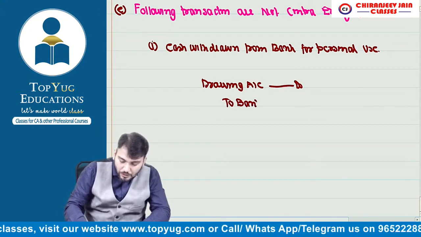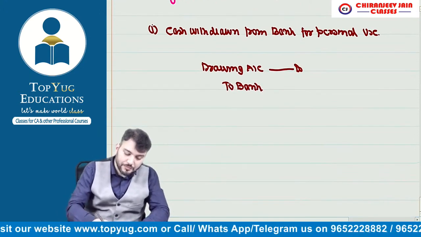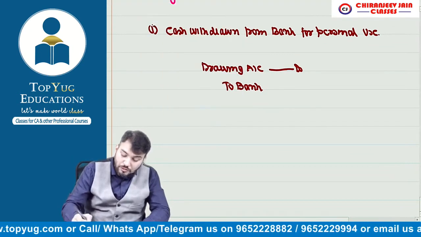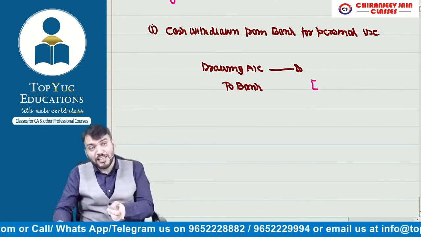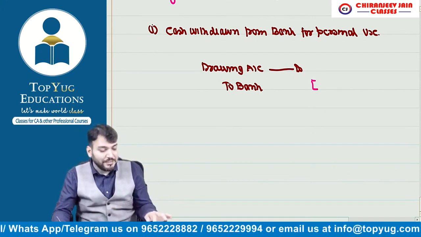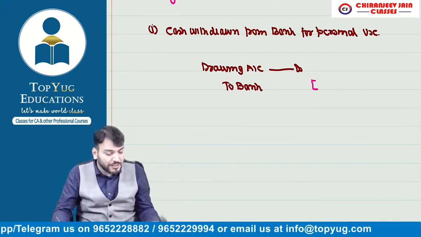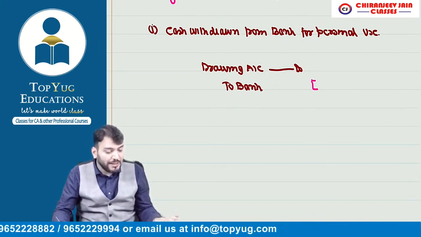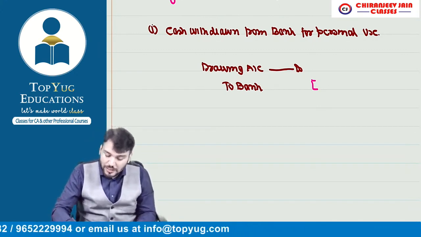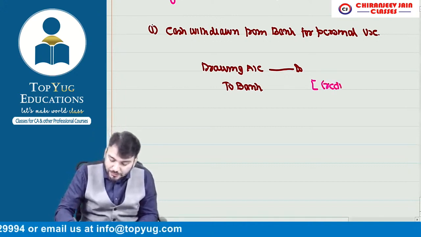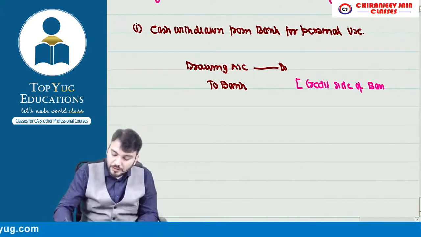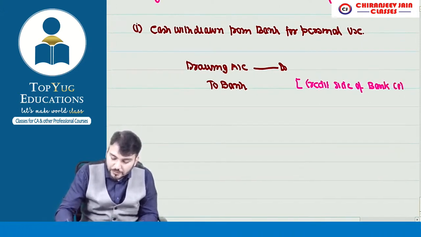Correct? This will be posted in the cash book, but this is not a contra entry. I'm not saying this will not be posted in the cash book, understand this. I'm saying that these are not contra entries. So where will this be posted? Credit side of bank column.